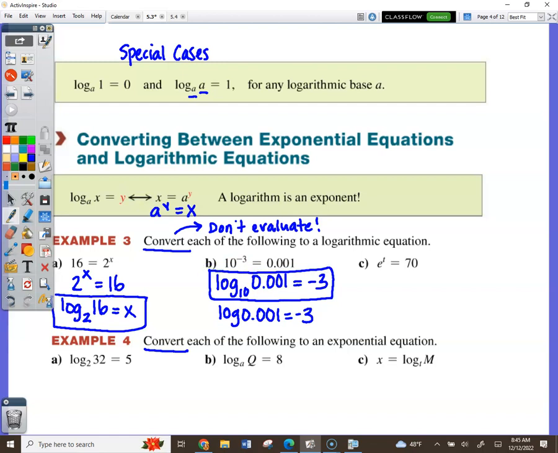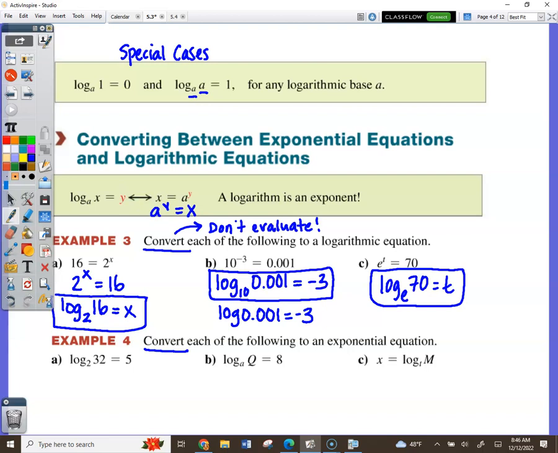I personally still write the 10 sometimes just to remind myself that there is a 10 there. Because, you know, you're used to when there's an understood number, it's a 1. Now it's a 10. So, alright, this one right here, e to the t equals 70. The base of the exponent is e, so this is log base e. The other two switch, and I'm done. It's not asking me to evaluate, it just wants me to switch it.